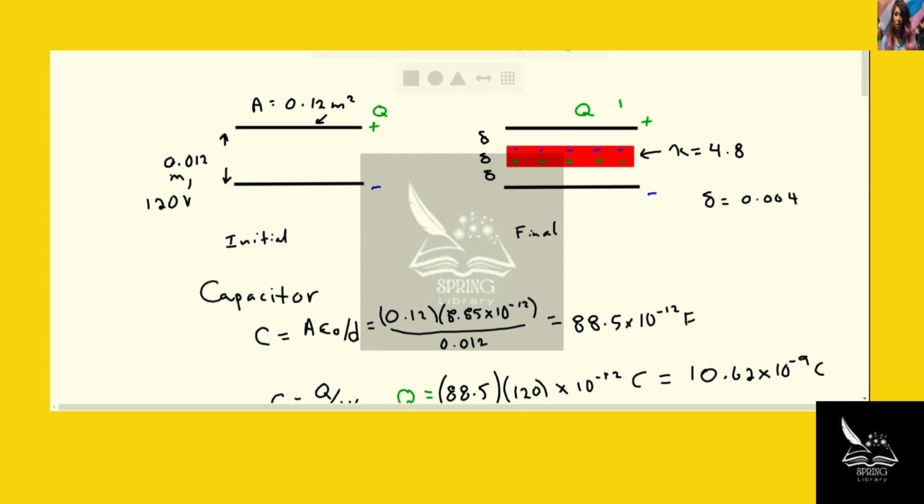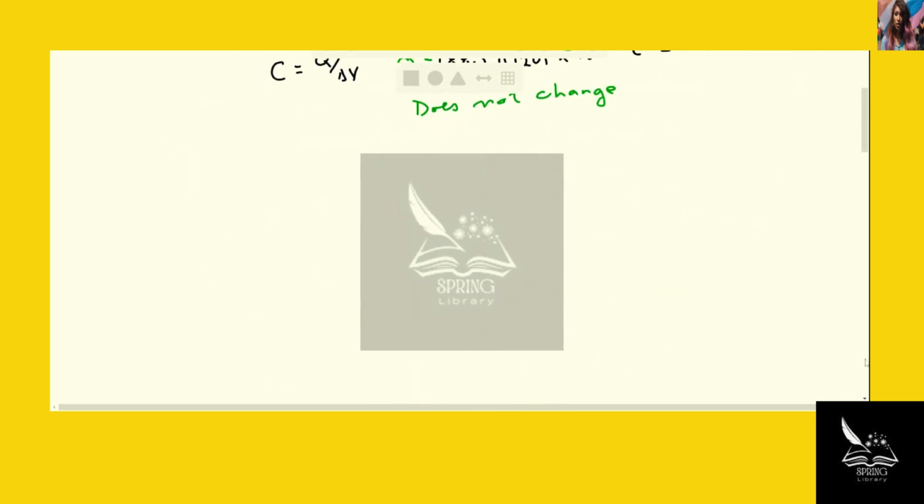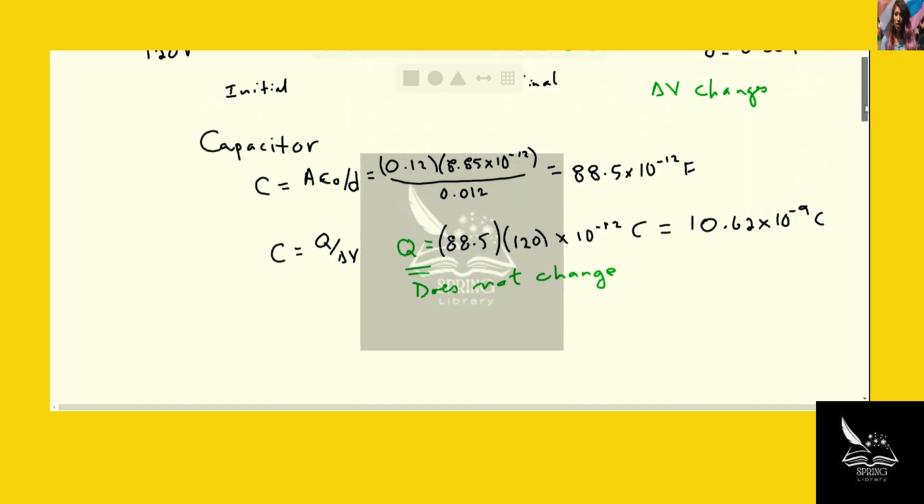Let me just remind us of that: Q remains the same, and delta V will change to make the capacitance bigger. Essentially the capacitance is bigger because of those stored bound charges in your dielectric slab. Okay, now to work out the new capacitance, so this is all initial stuff.